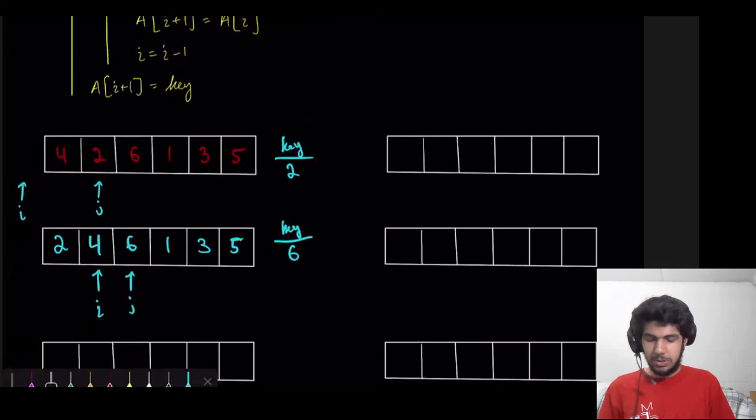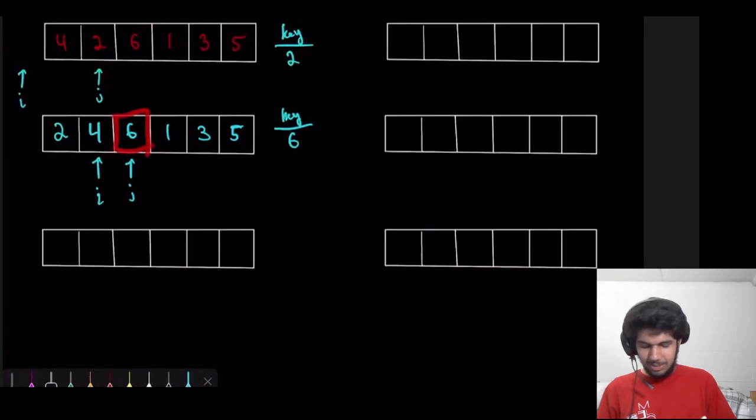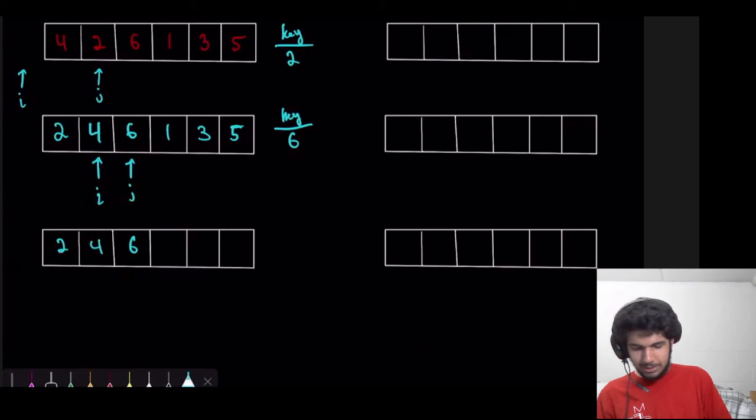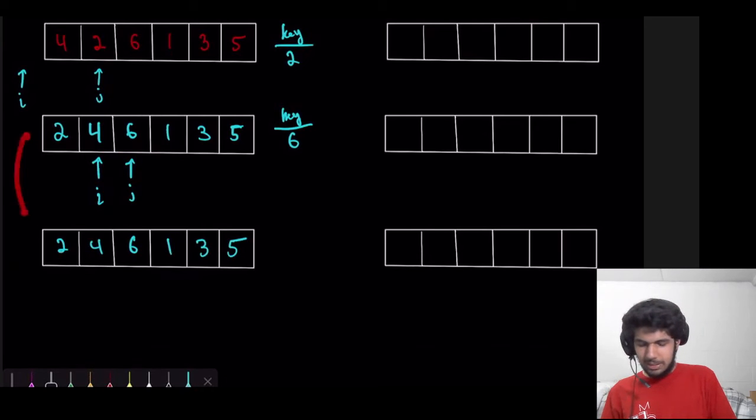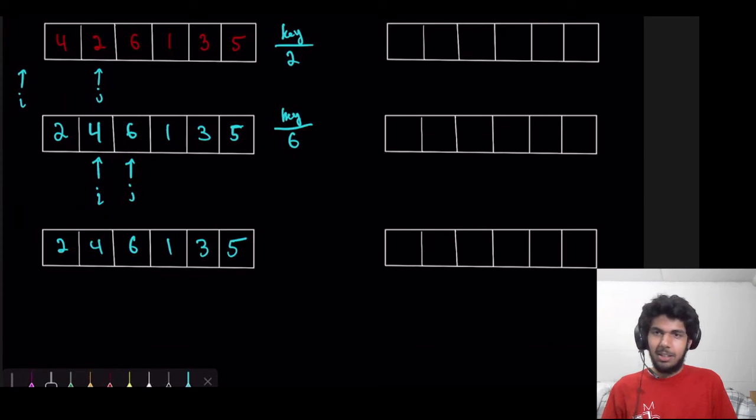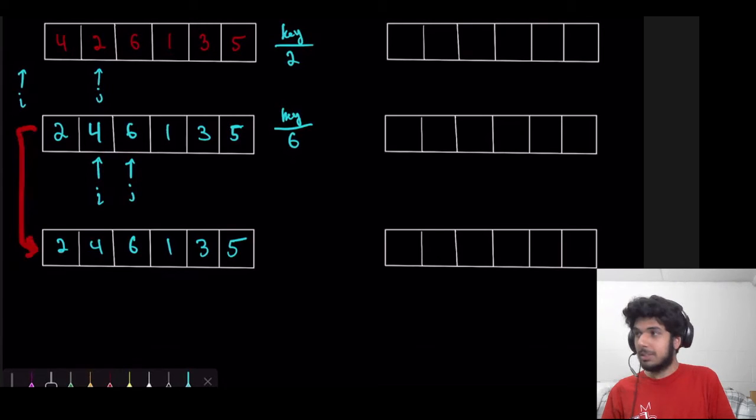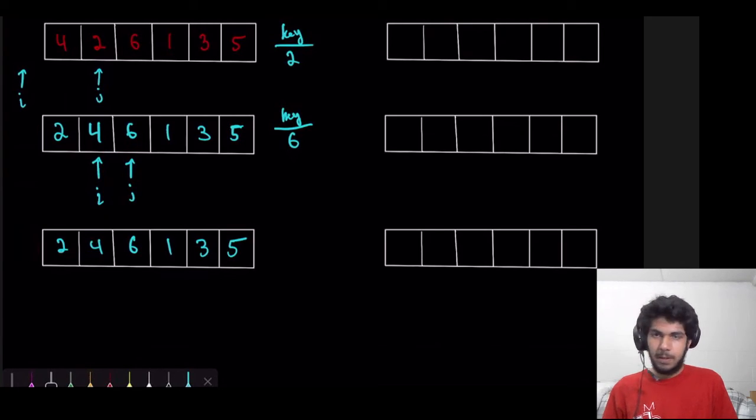Instead, we set a of I plus 1 equal to key. So a of I plus 1 would be this box right here, and key would be 6. Let's write that down here. Everything else stays the same. In between these two iterations, nothing really changed at all. From here to here, it's the same exact array.